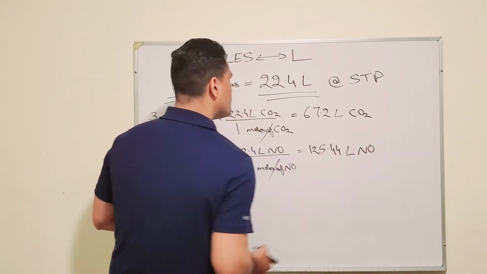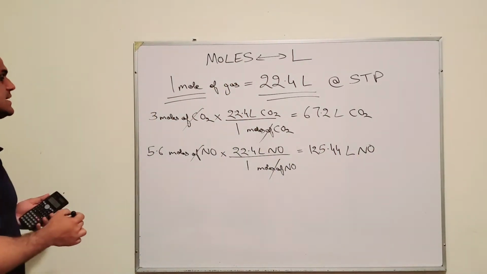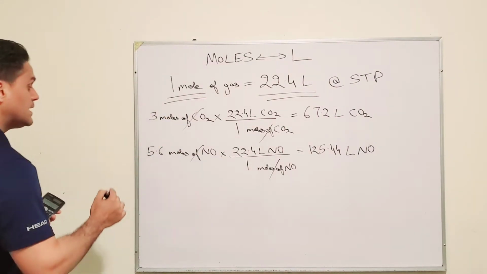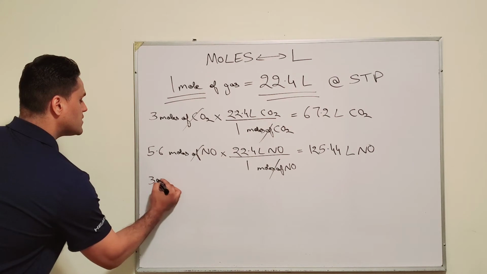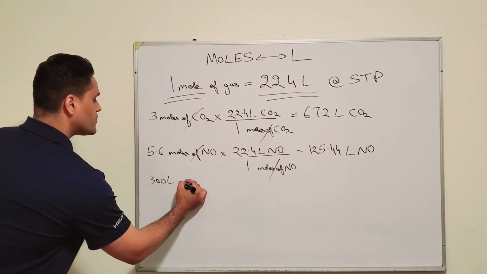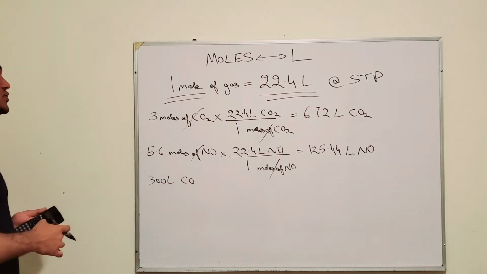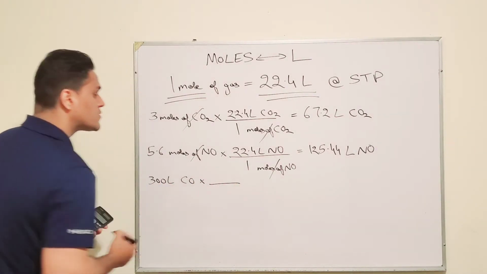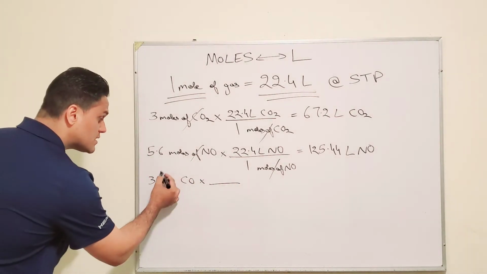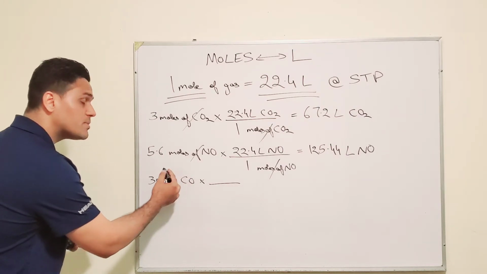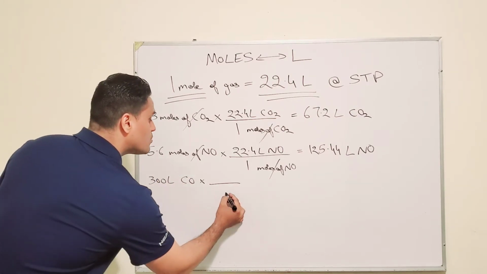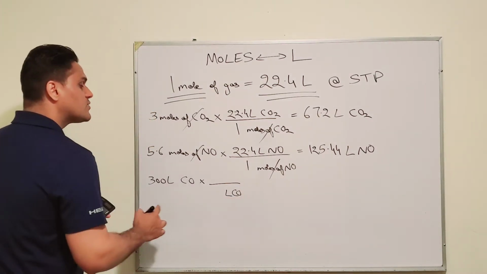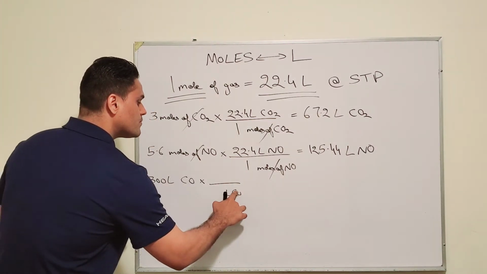liters of NO. Okay. In the next example, we're going to go from liters to moles. So let's say we have 300 liters of CO. Again, CO is a gas, and now we're trying to convert it to moles. Ask yourself, what's the unit at the top? The unit at the top is liters of CO. You'll put the same unit at the bottom. Okay? We'll put liters of CO at the bottom.